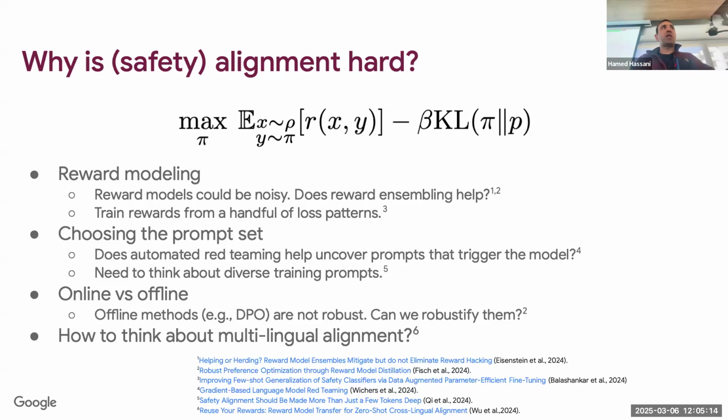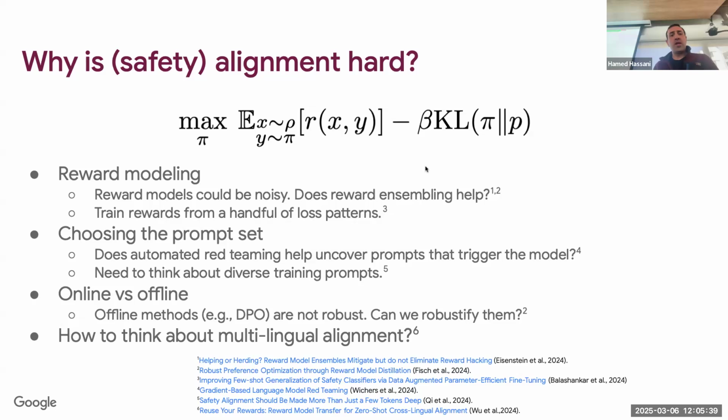So the methods that Ahmad talked about are very, very important, because they give us an automated way of jailbreaking, of triggering the model, to find the prompts that make the model give high or low reward and learn from that.